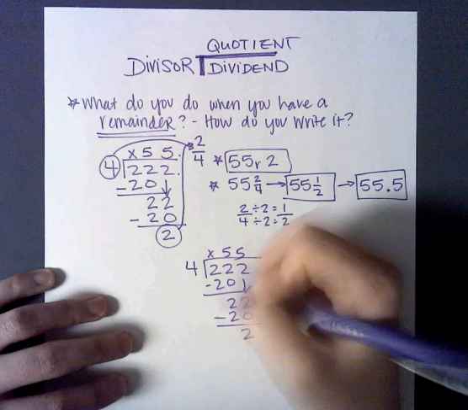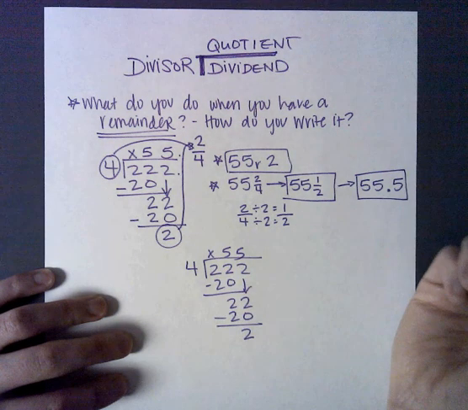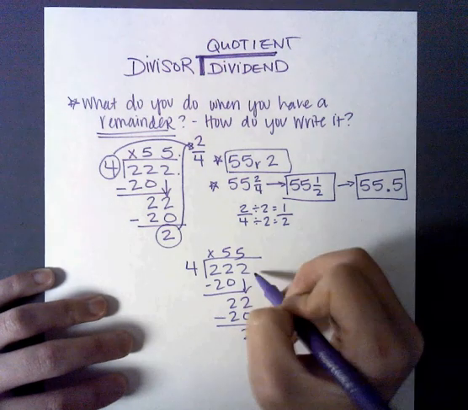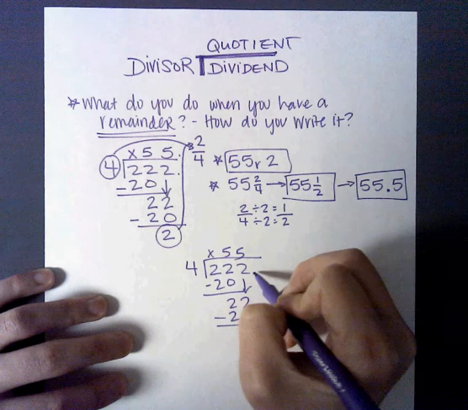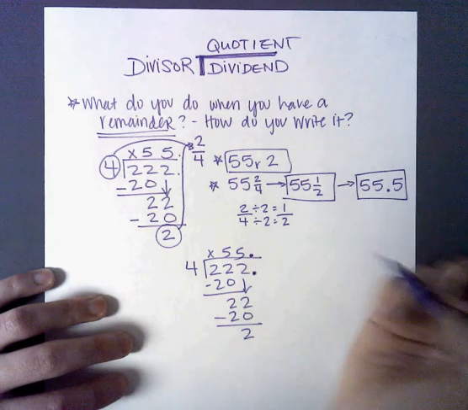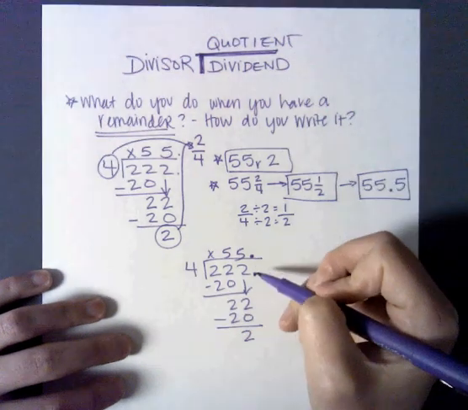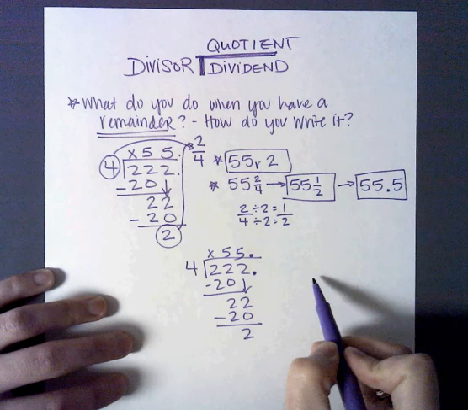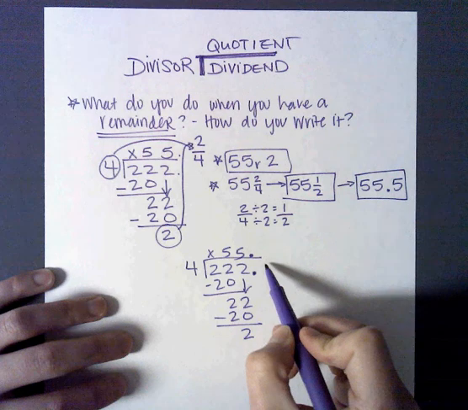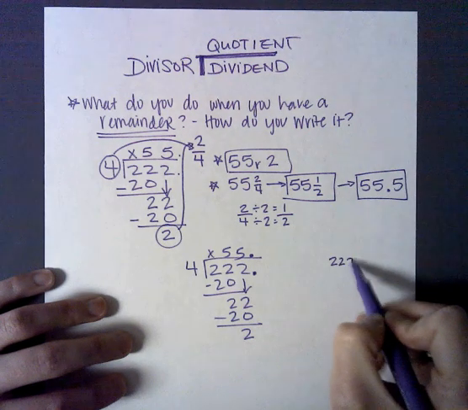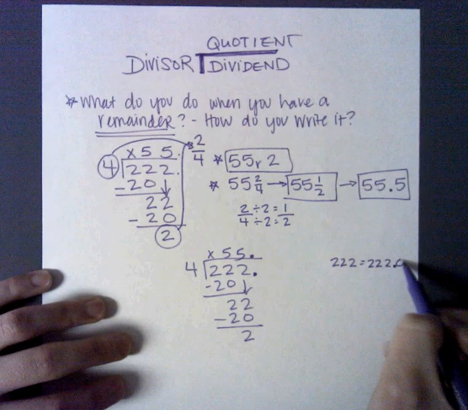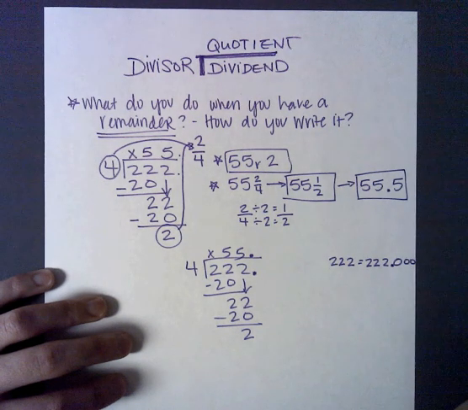Okay, so let's say it ended here and it's asking for the decimal. What do I do? Well, I can add my zero. I can add my decimal here. So what that's doing is telling me that this is my whole number and anything after is a decimal. So as you know, 222 can also equal 222 decimal 00 and on to infinity.